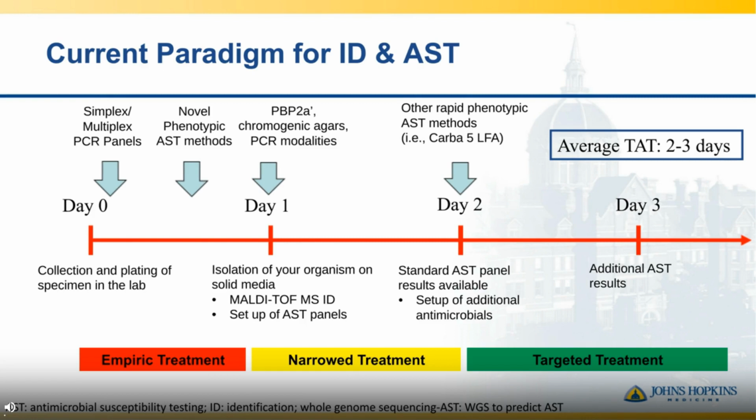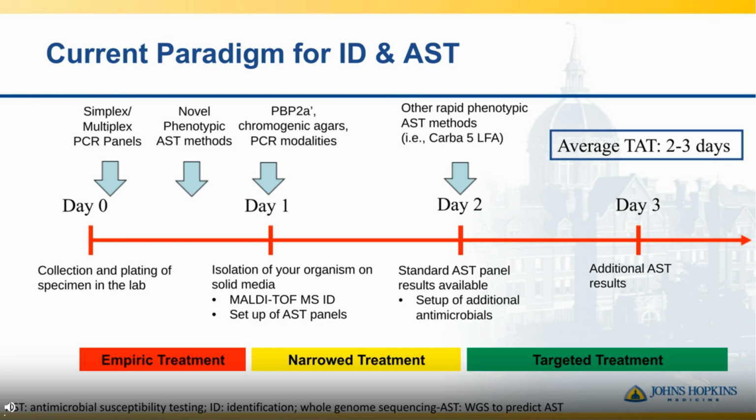Alternatively, there are rapid phenotypic methods that can be applied, whether that be chromogenic agars or rapid phenotypic tests like the PBP2A test that can be performed from cultured growth of Staph aureus to predict whether the organism is methicillin resistant or susceptible based off of the PBP2A assay.